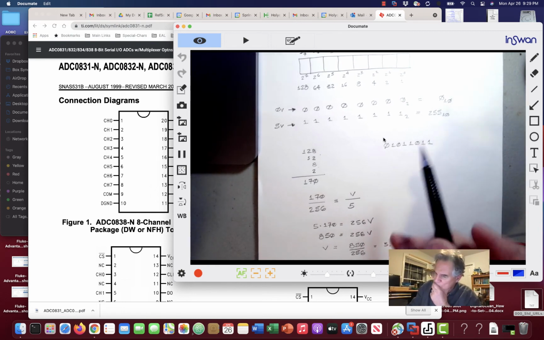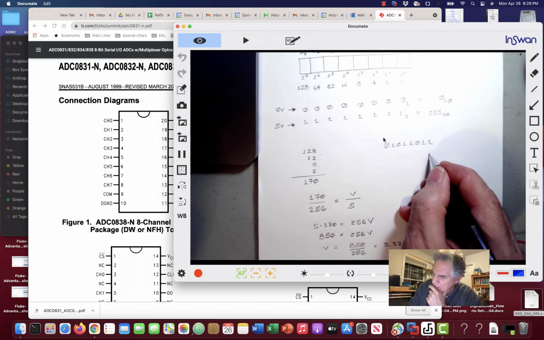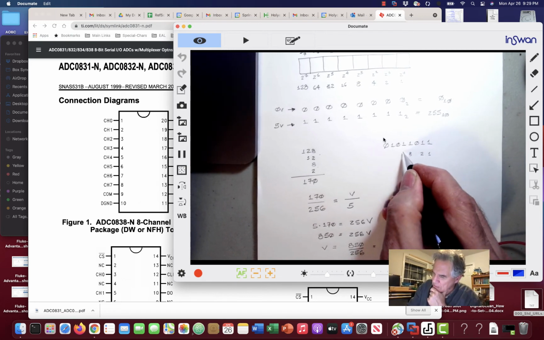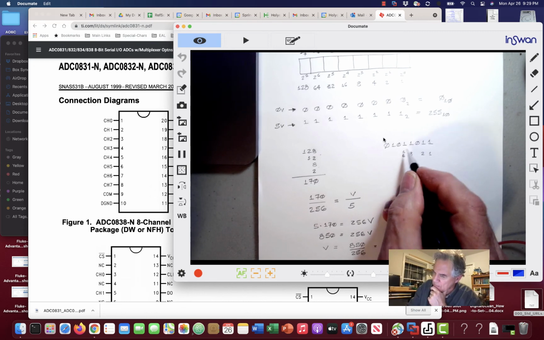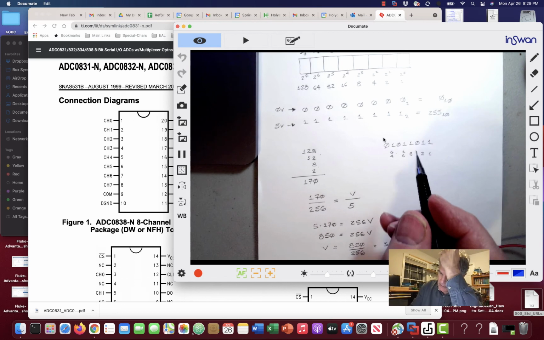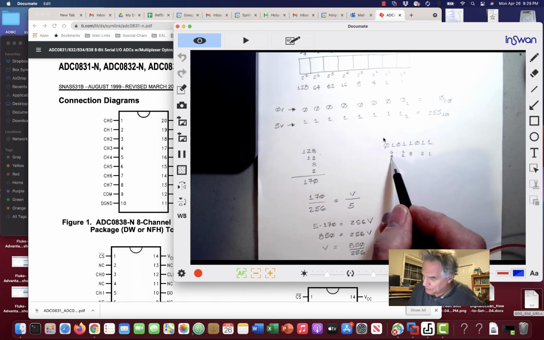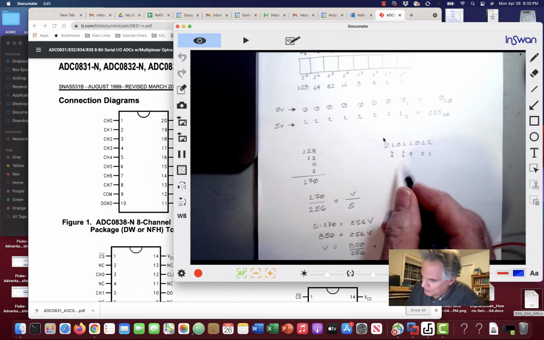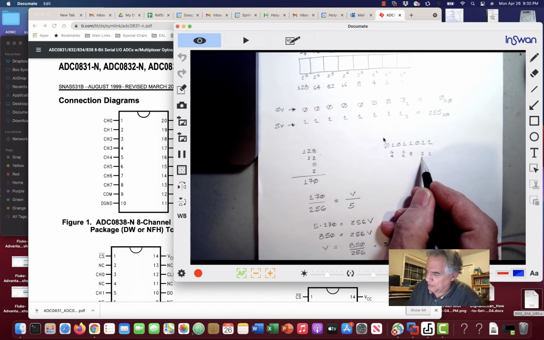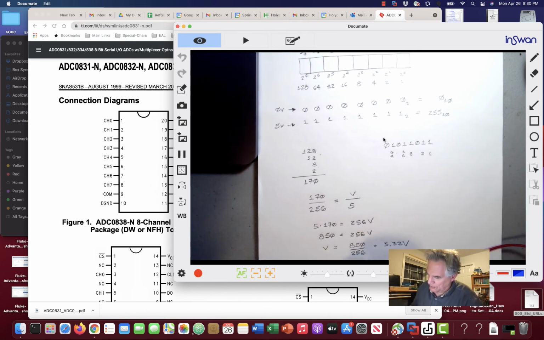Okay. So that tells me I've got a 1, a 2, no 4s, I've got an 8, I've got a 16, no 32s, and I've got a 64. Alright. Well, 64 and 16 gets me to 80, 88. And 3 more is 91. So the 91 was right.